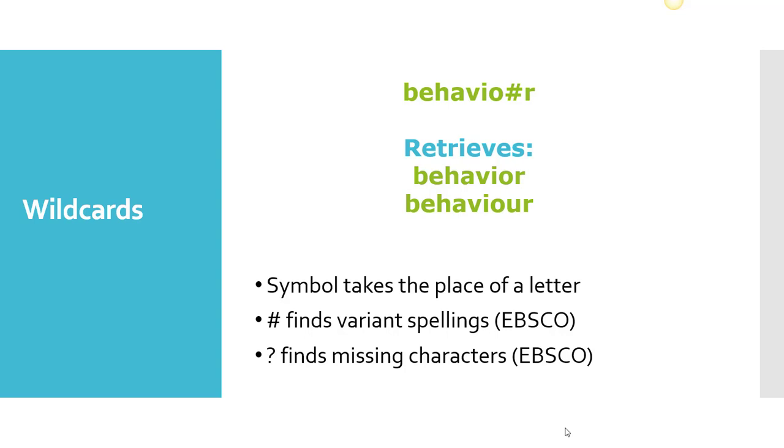In the US, we see it I-O-R. But we're looking for that concept of behavior, and we're trying to expand our search to gather as much as we can. We might want to go ahead and use one of these wildcards. So if I put the hashtag in, which is what I use for my EBSCO database for variant spellings, it would look for behavior with either spelling. And that can be useful.